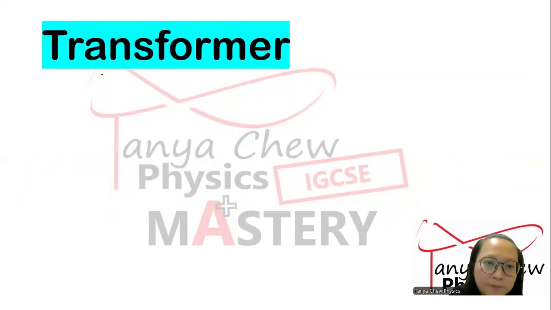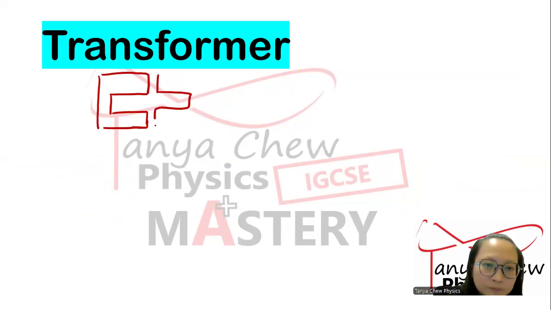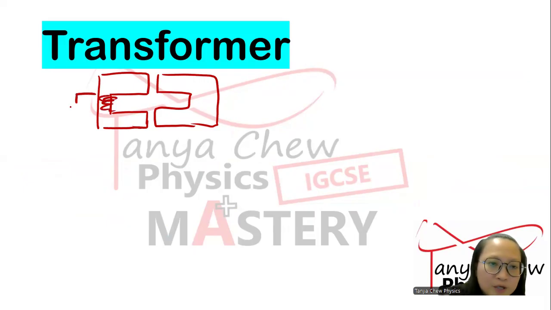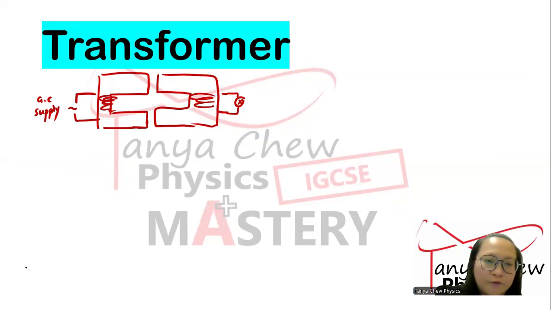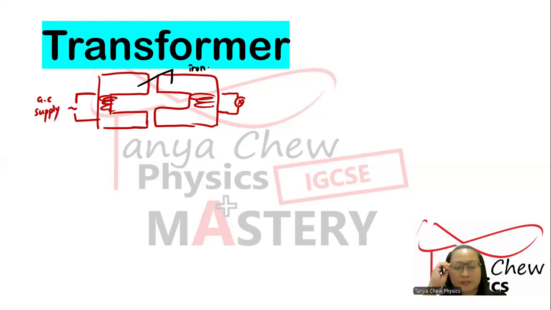Now, transformer, this is a transformer. Bear in mind, okay, the one that is connected to the AC supply is called the primary coil. The one that is connected to maybe a voltmeter or bulb or lamp is called the secondary coil, right? The core of the transformer is made of soft iron. Why soft iron? Because soft iron is a magnetic material.